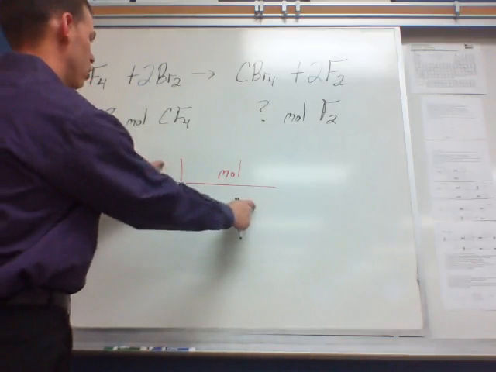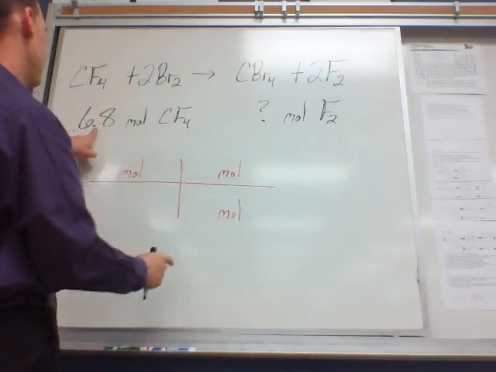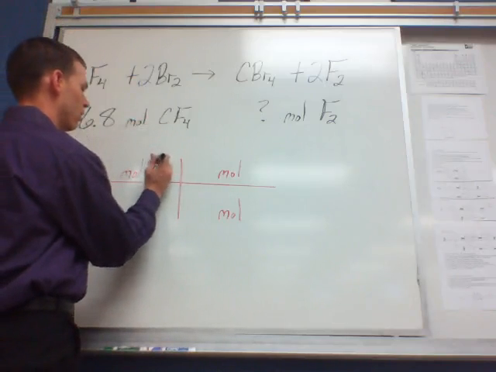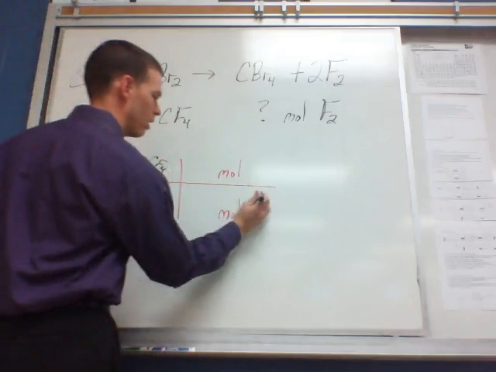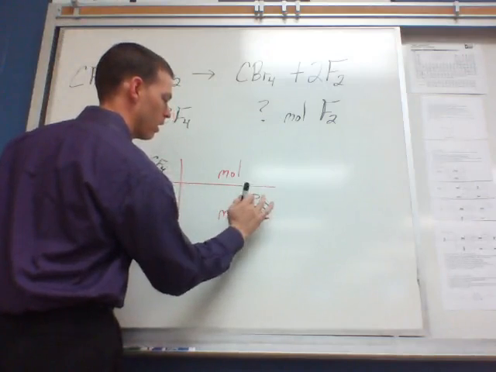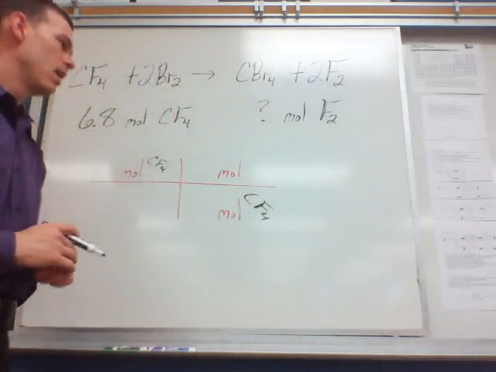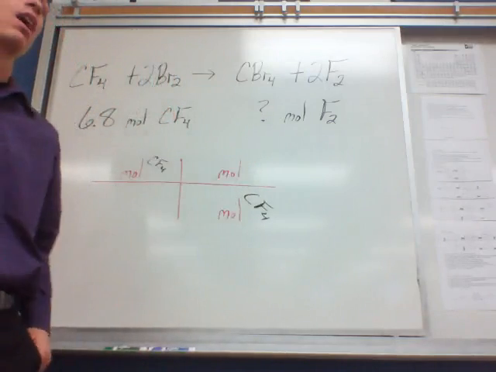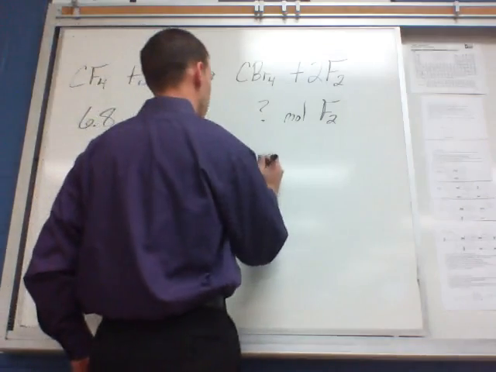It appears these two squares want the given compound, CF4. And this one square wants the unknown compound of fluorine.